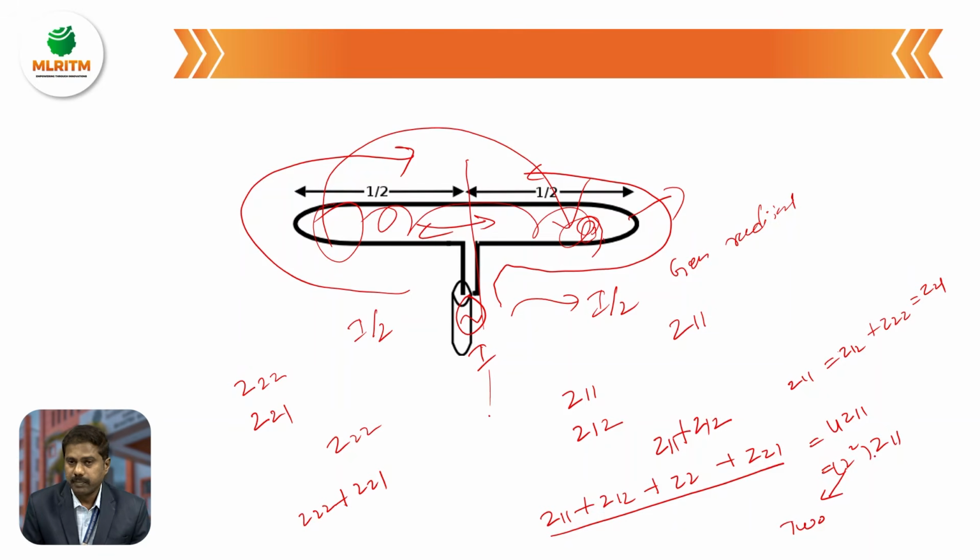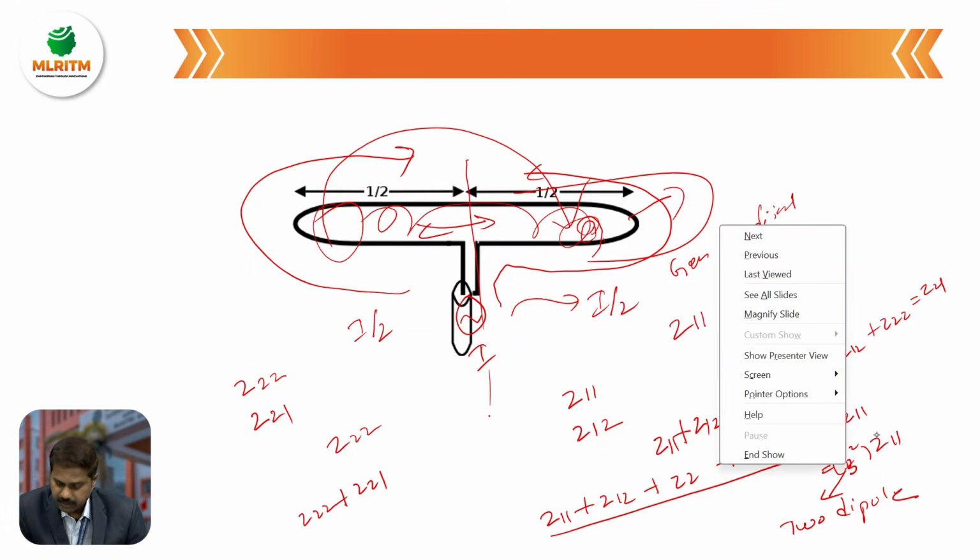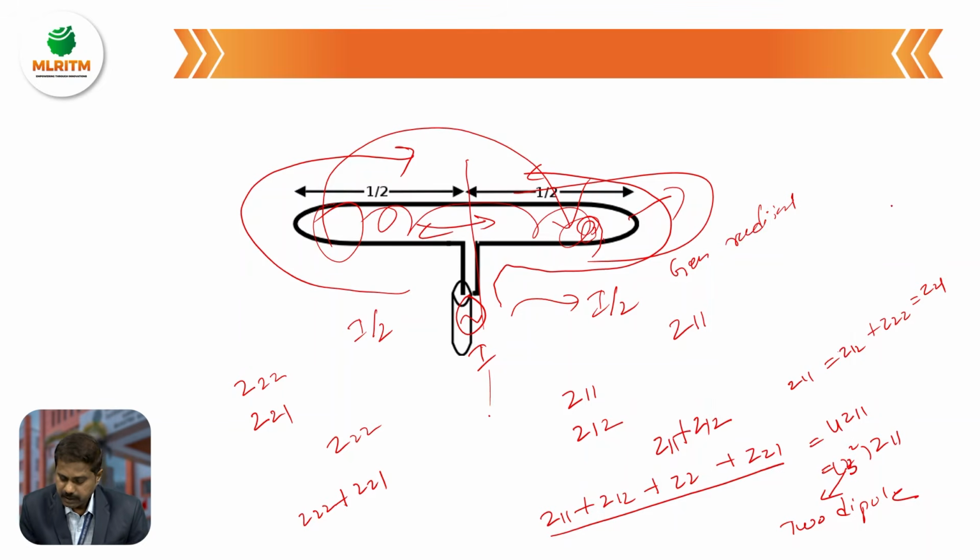The folded dipole is a combination of two dipoles. If it is a tripole, using another conductor, that means 3 squared. When we use three conductors, we get 3 squared. Here we are using two dipoles, so we get 2 squared.